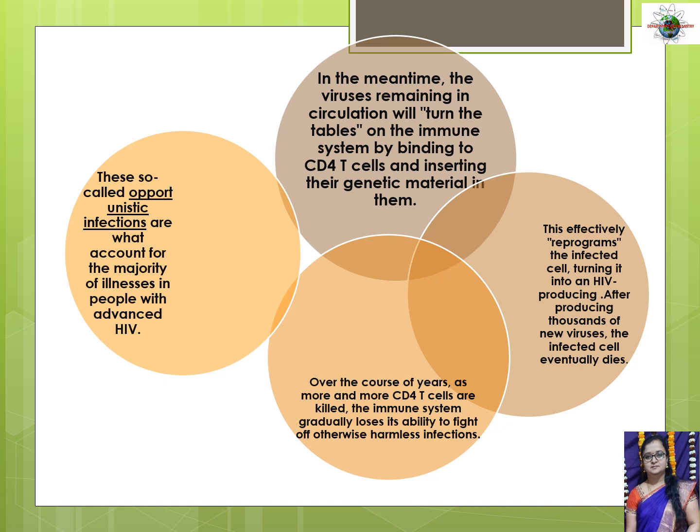Over the course of years, as more and more CD4 T cells are killed, the immune system gradually loses its ability to fight off otherwise harmless infections. These so-called opportunistic infections are what account for the majority of illness in people with advanced HIV.